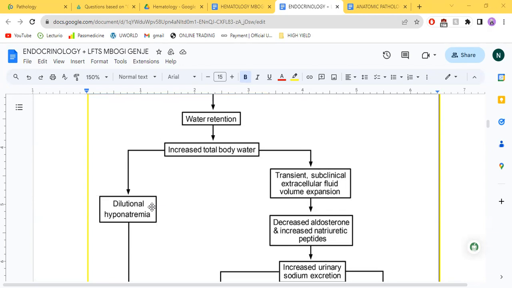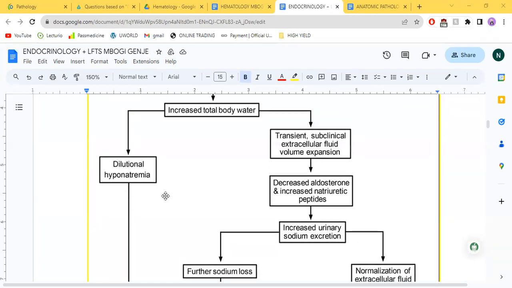What is this? Dilutional hyponatremia basically means the sodium levels are within range, 135 to 145, but you're increasing the amount of water, the amount of plasma. So as much as the sodium levels are 135 to 145, which are within the range, you have increased amount of water. So this is what we call dilutional hyponatremia.